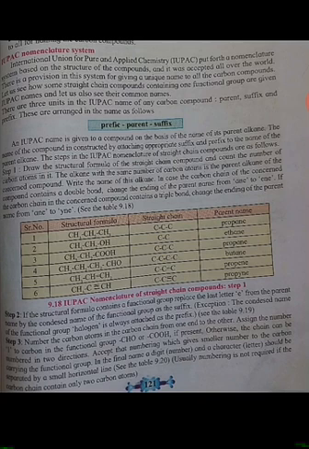How will it be changed? The name of this structural formula would be propane, and it will be changed to propene. In this formula there is a double bond, so here ANE is changed to ENE. So the parent name is propene.